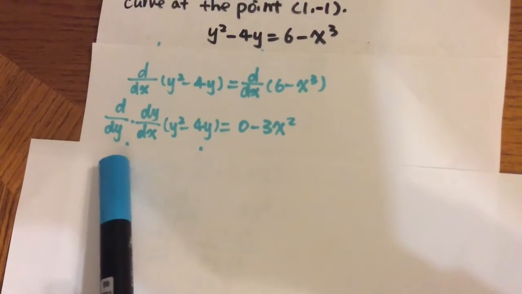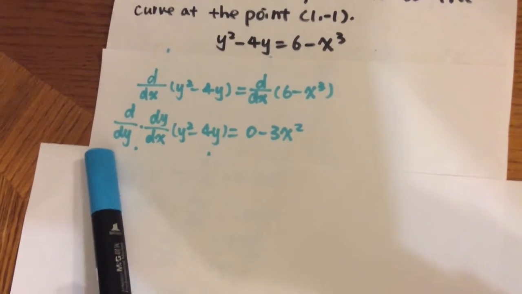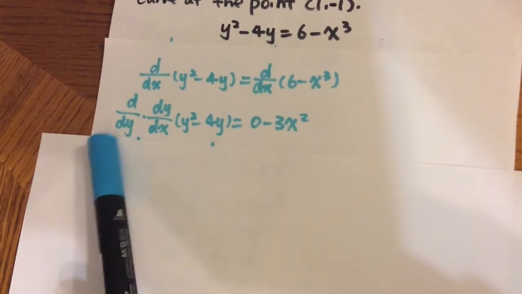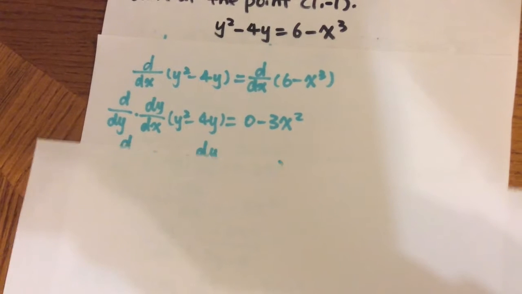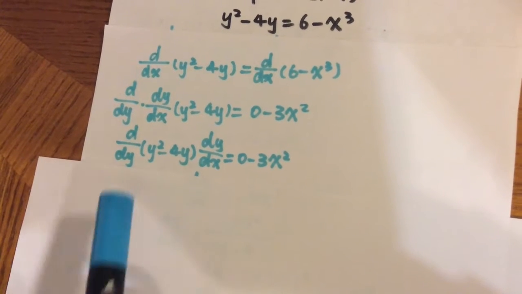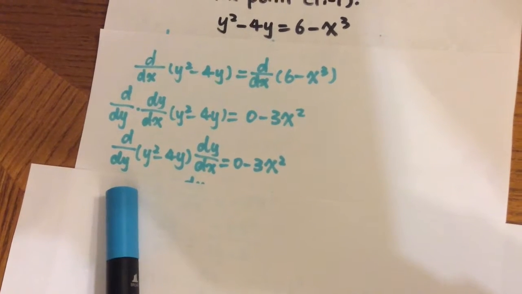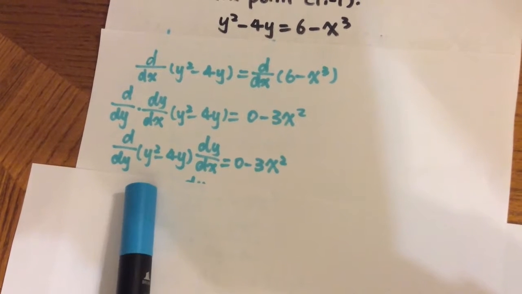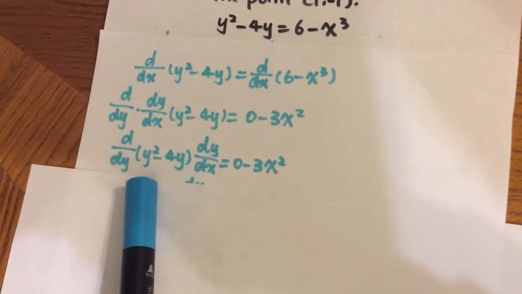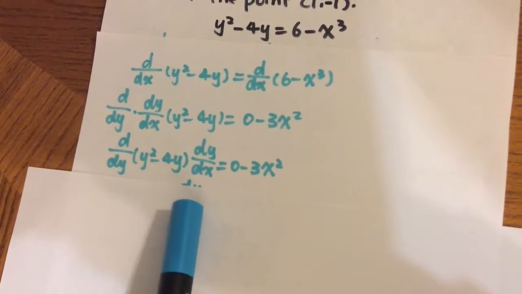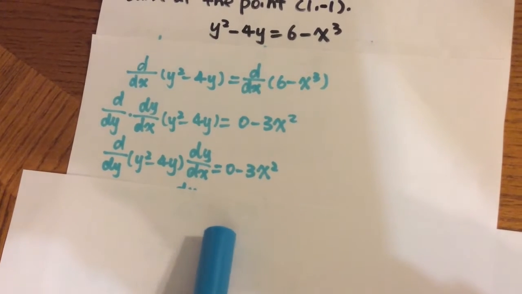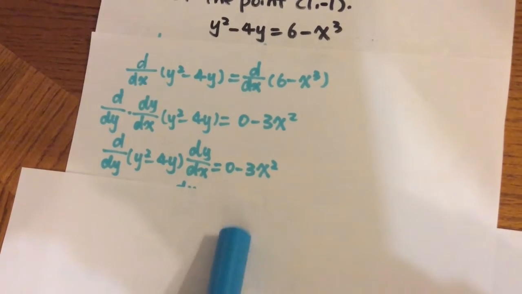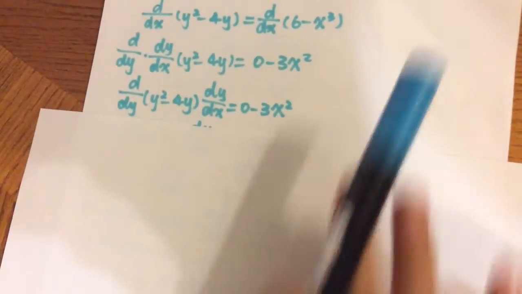So I write this in this form. In this form if we cancel dy here, we also got d over dx. So goes to next step, we separate these two and we can find the derivative of y squared minus 4y times dy over dx equal to the right part, 0 minus 3x squared.